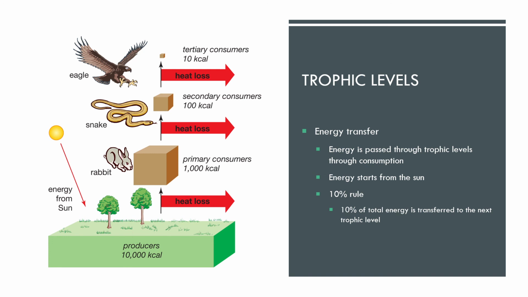So if we had a quaternary consumer in this, they would get 1 kcal. So if a human ate the eagle, we'll say, they would only get 1 kcal. They would lose so much more energy. So as you can see, as it goes up from there, you're losing energy mostly to heat. You're only getting a certain amount.